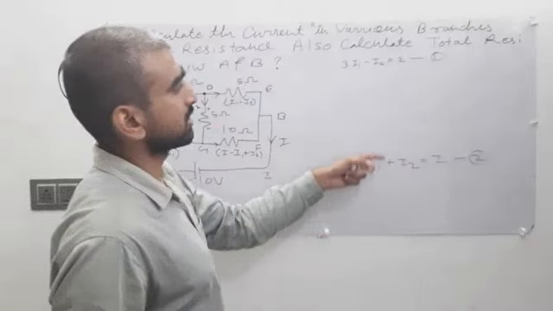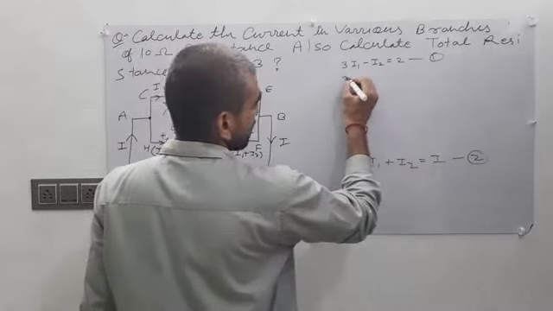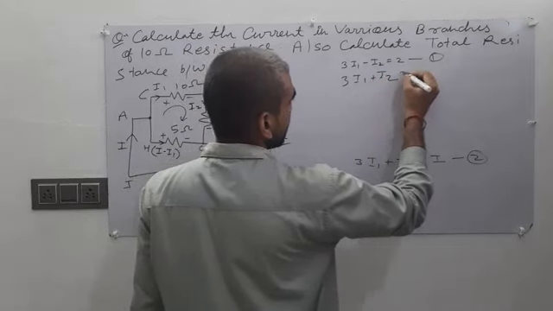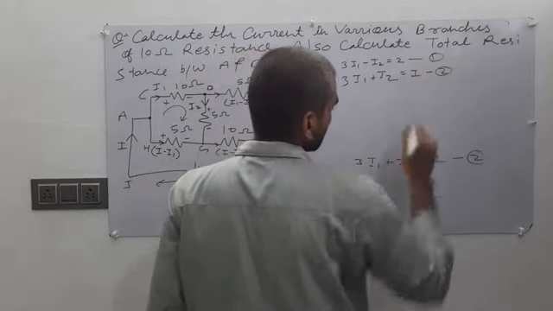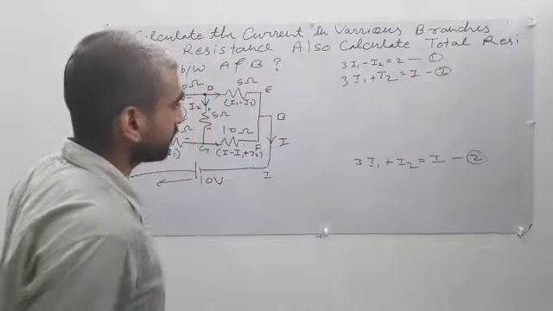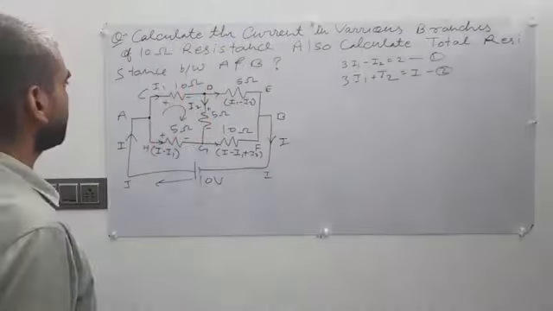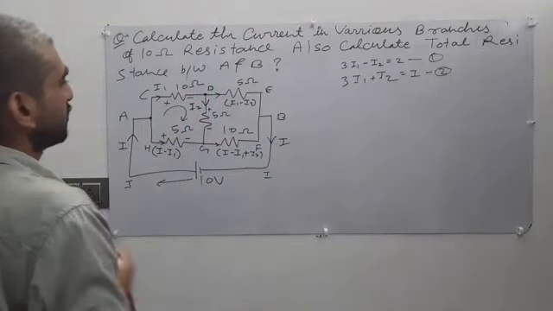We write this equation: 3 I1 plus I2 equals I, equation number 2. Now we have two equations. We need a third equation to solve for the current values.